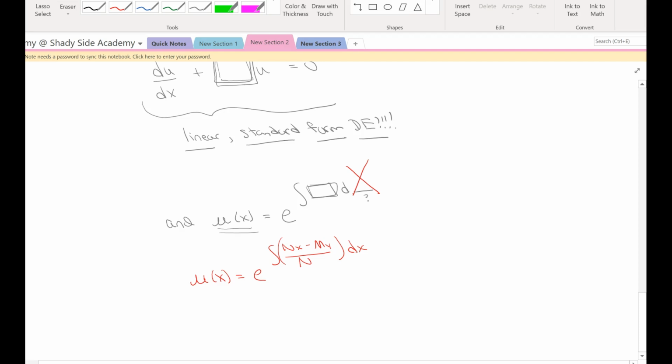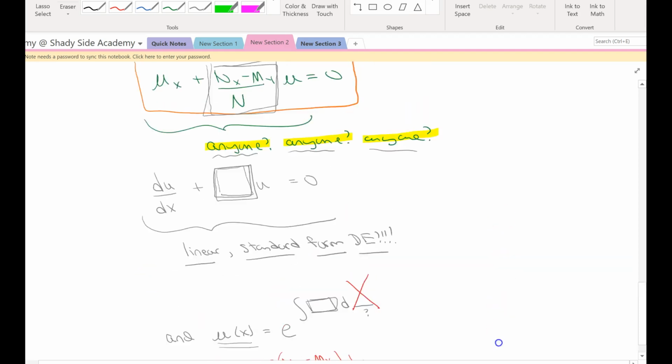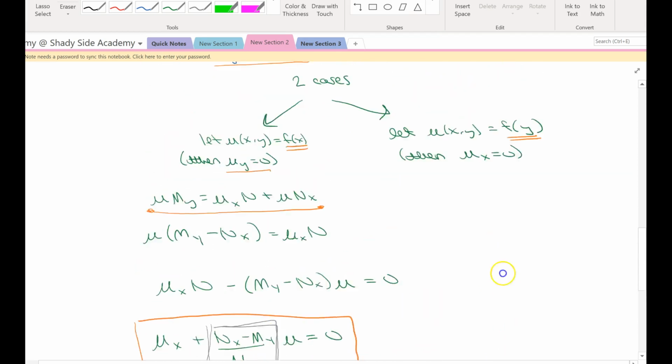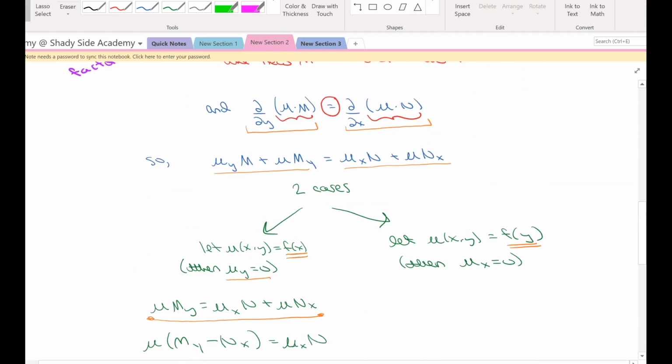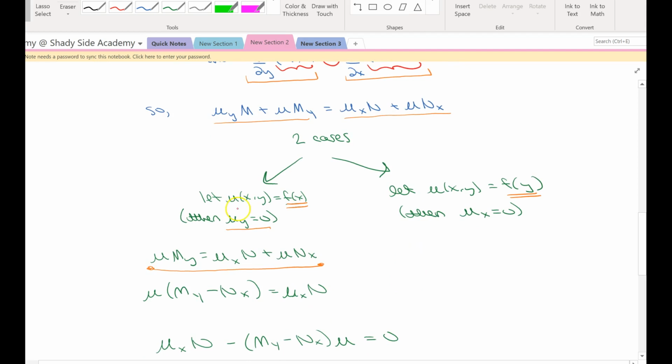There it is. Now, remember, this is the integrating factor if we let it be assumed that u is a function of xy, which means that u, a function of xy, is just a function of x.